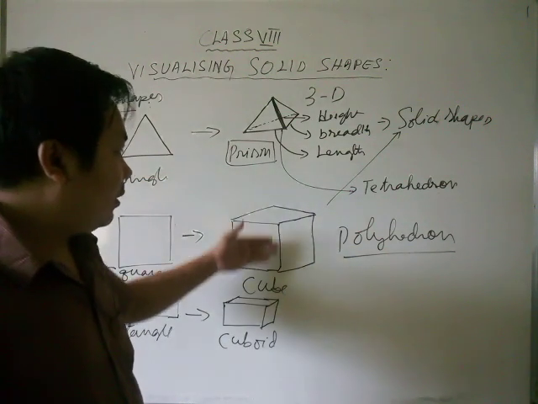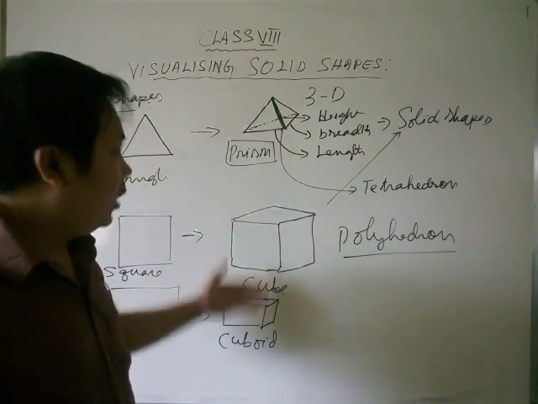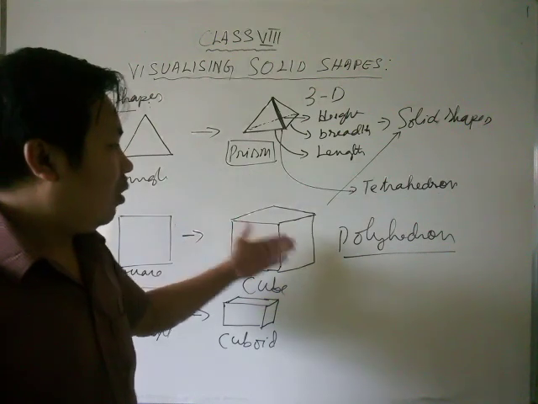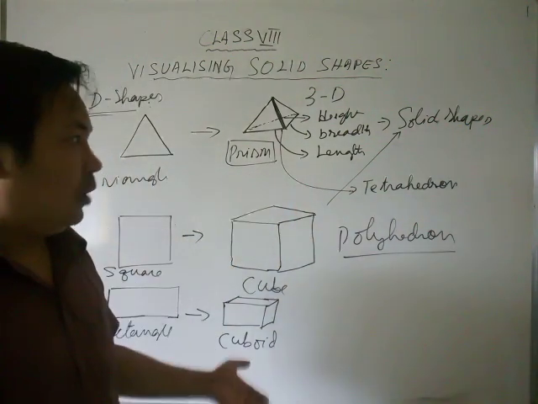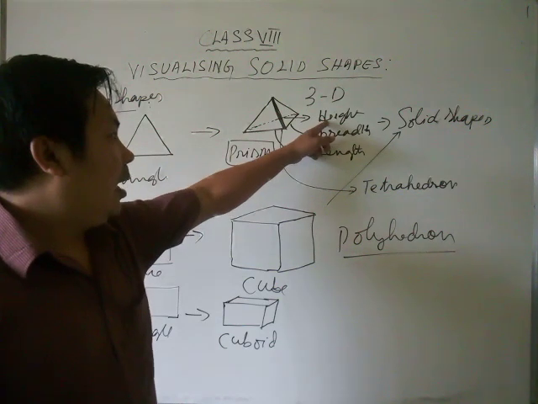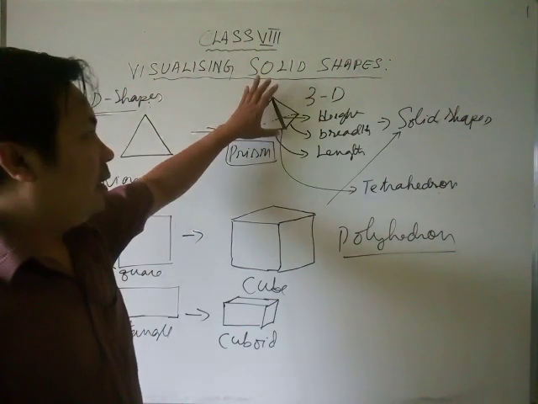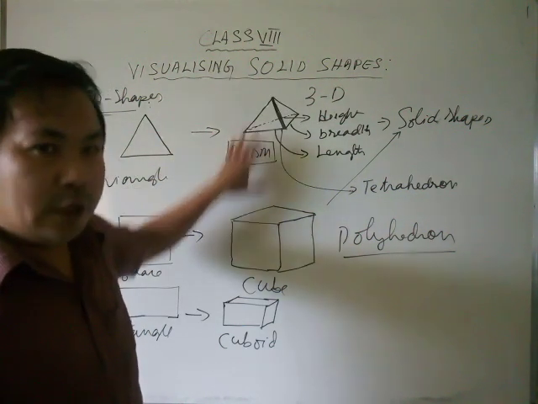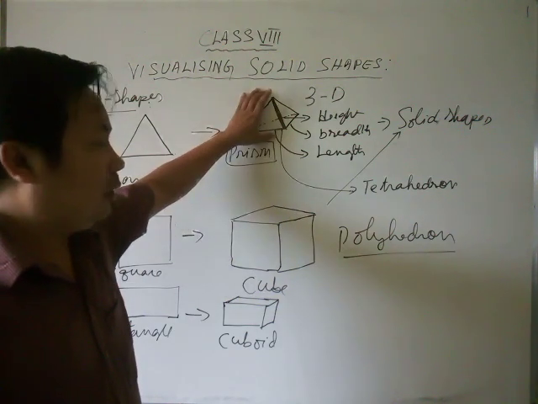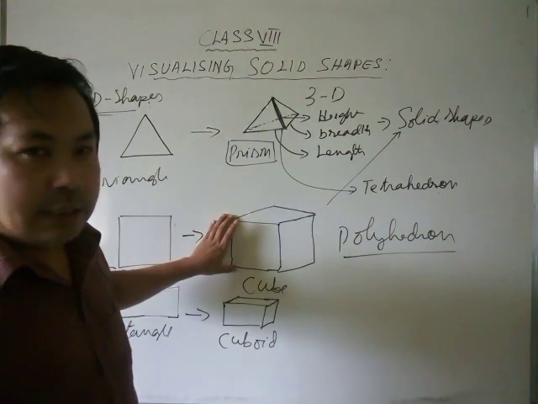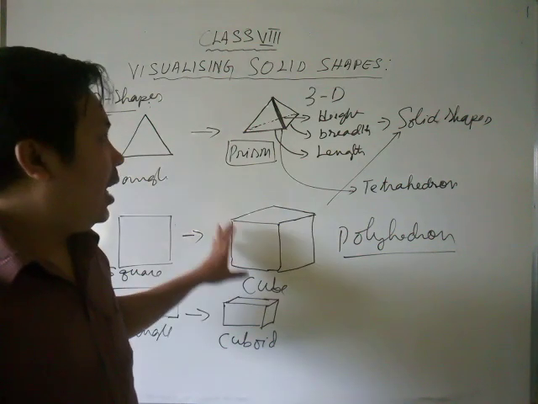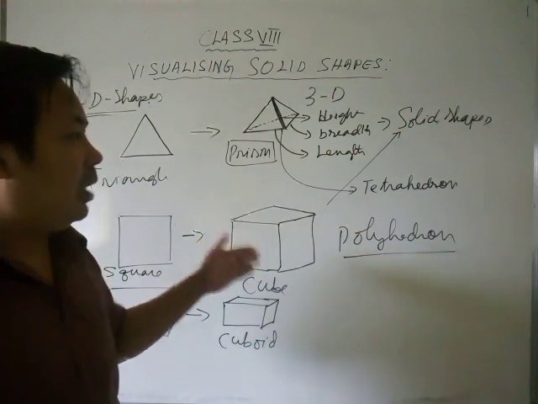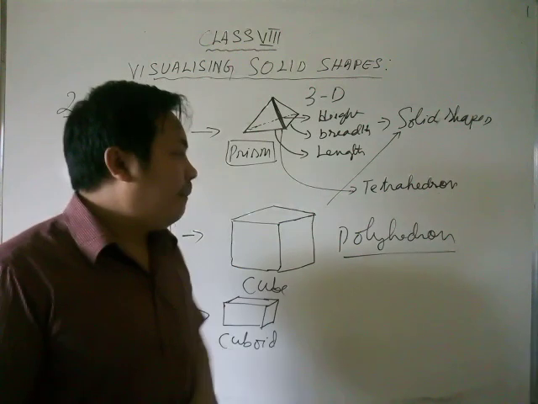So the surfaces are made up of polygons, and therefore they are called polyhedrons. These 3D shapes have faces made up of polygons, isn't it? This is a polygon called the triangle, a polygon called the square, a polygon called the rectangle. So their faces are made up of polygons, therefore they are called polyhedrons.